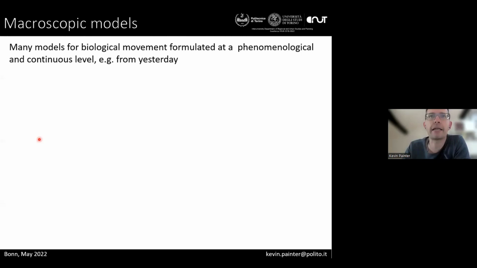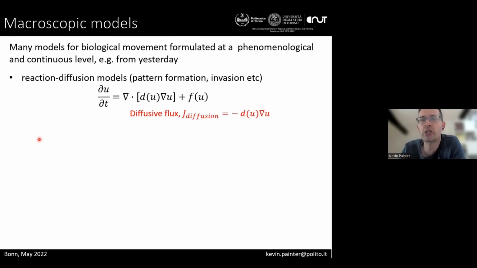So yesterday, basically, what I tried to do is give a brief outline and a brief history of various continuous level models to describe biological movement processes. We talked about reaction diffusion models, which have a diffusive element, and in classic mass conservation arguments you can define some sort of Fickian diffusion term where the population moves down its own gradients.